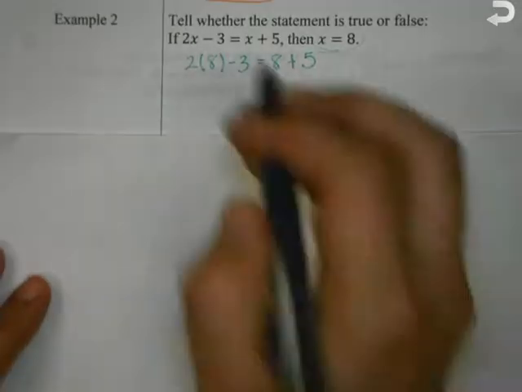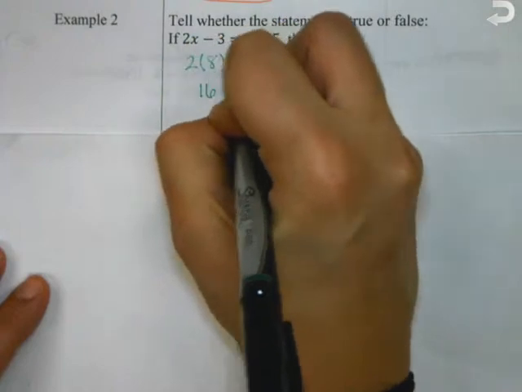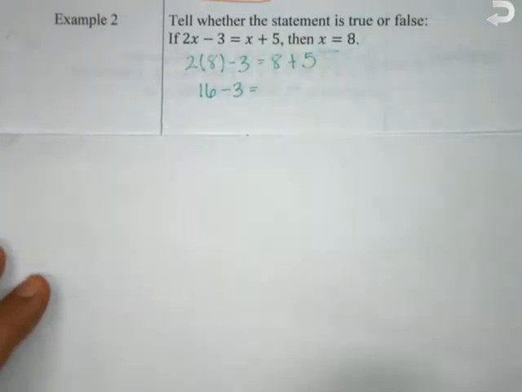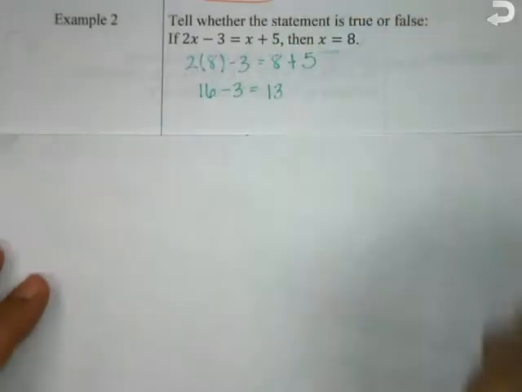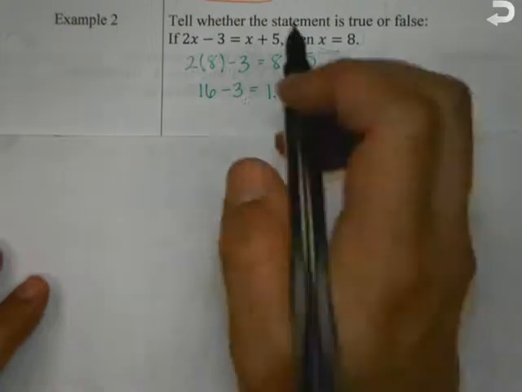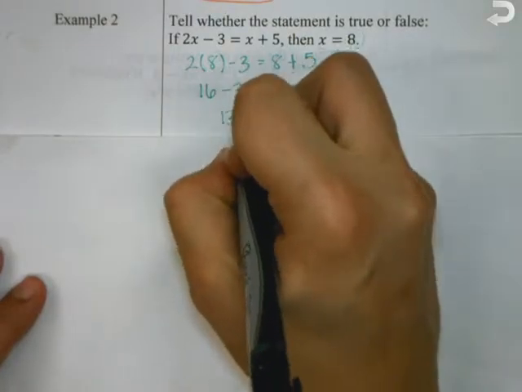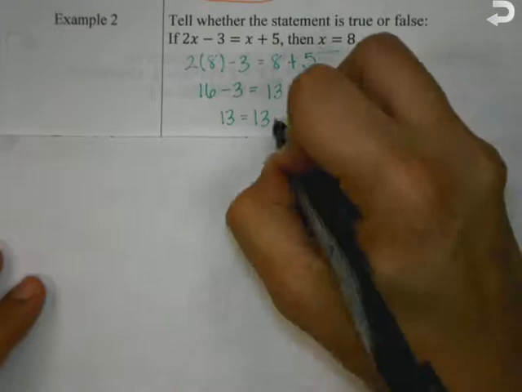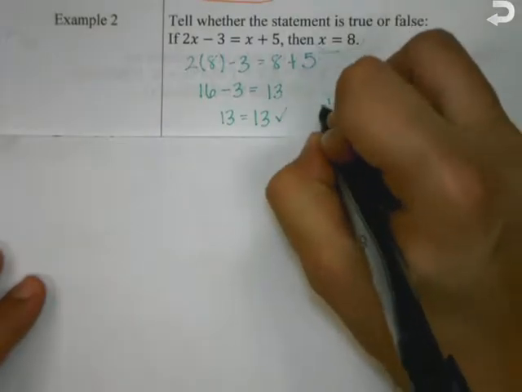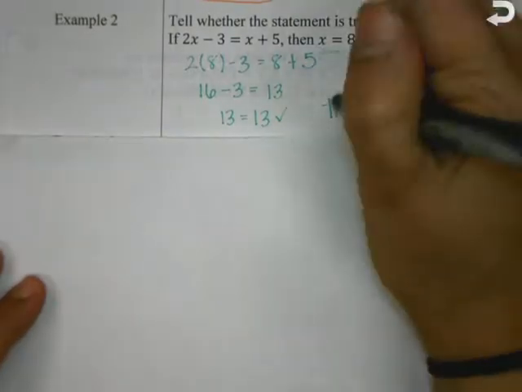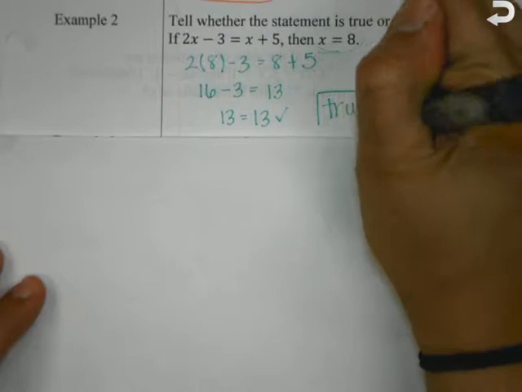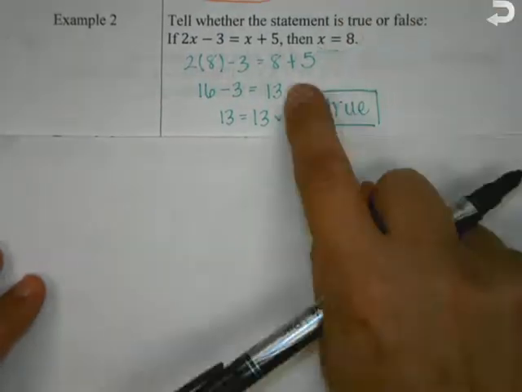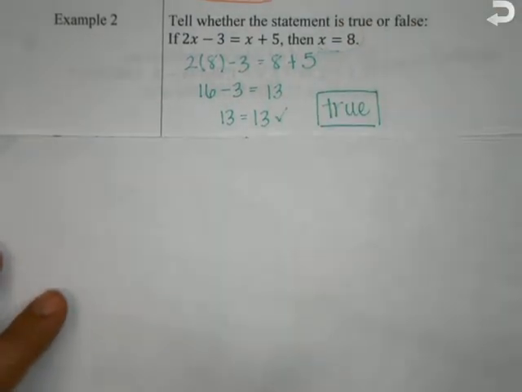Good. 16 minus 3 equals, what's 8 plus 5? 13. 16 minus 3 gives me 13. So is 13 equals 13 a true statement? True. Yes. So is the statement true or false? True. It is true. So your answer here is true, but I do need to see the work on your homework and on your quiz or test. Okay?